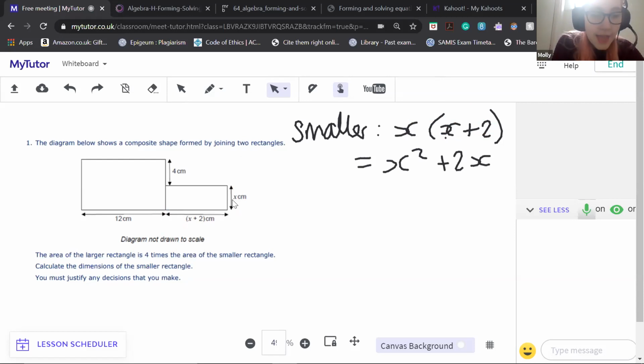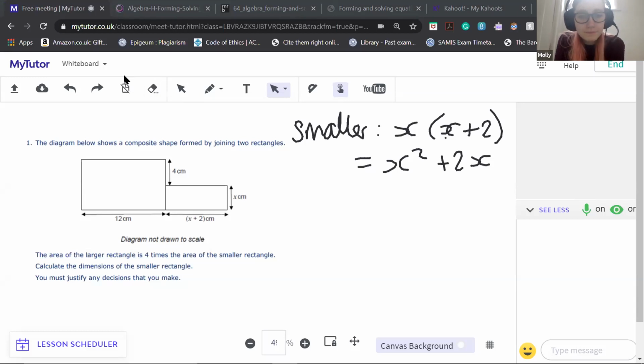Okay, and then the area of the larger rectangle, well, we see that it's 12. And then what's this length? Who knows what this length of the rectangle is? Cool.